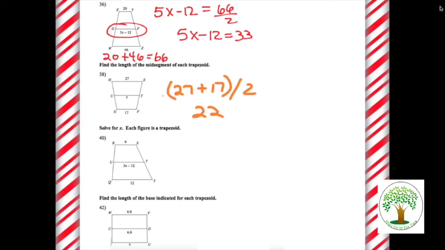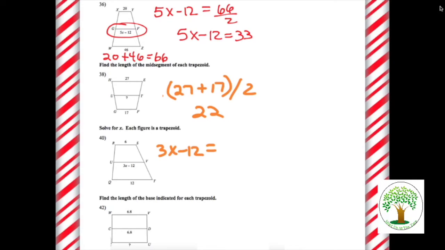Number 40. 40 is solve for x. Our property says that the midsegment, that's 3x minus 12, is half the sum. And what's the sum of 6 and 12? 18.